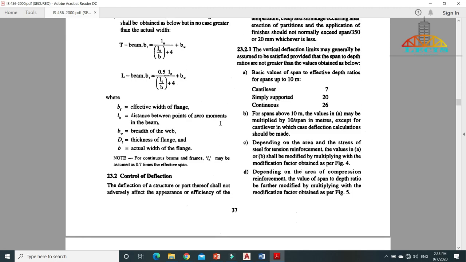Now we will have another easy method for calculating the limiting span to effective depth ratios for beams.